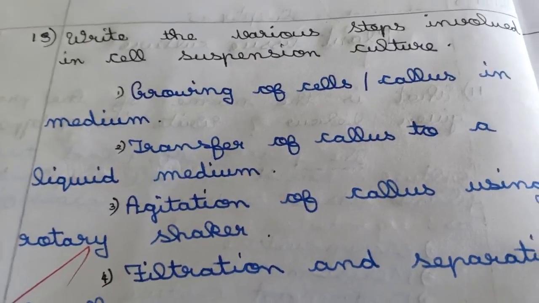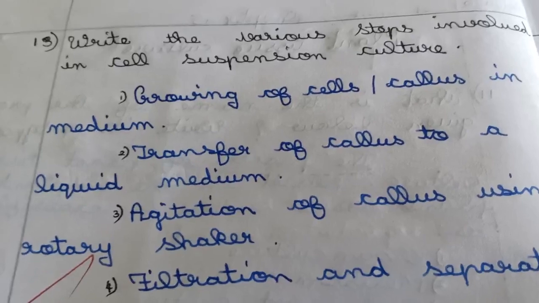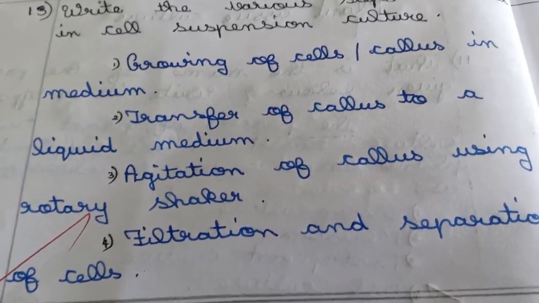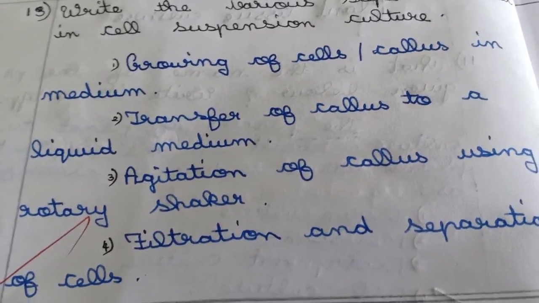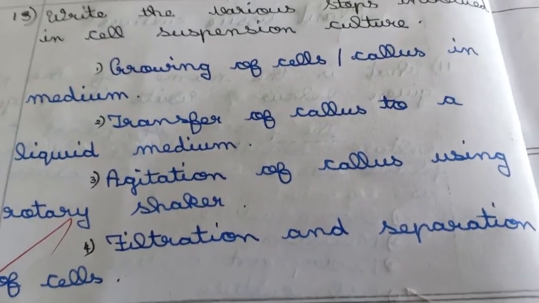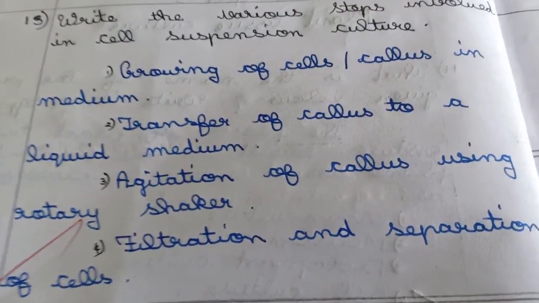Second, transfer of the callus to a liquid medium. Third, agitation of callus using a rotary shaker. Put it in the shaker and shake it well. Then filtering and separation of the cells. So these are the 4 steps used for cell suspension culture.